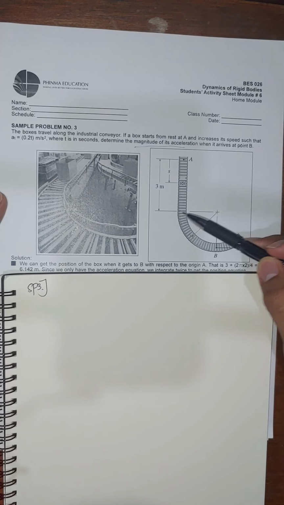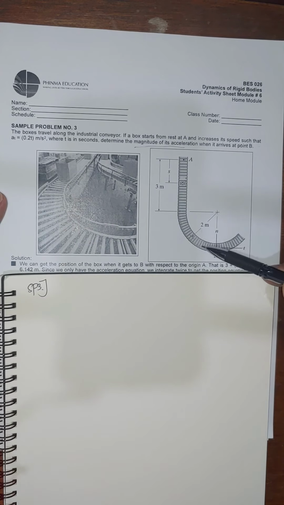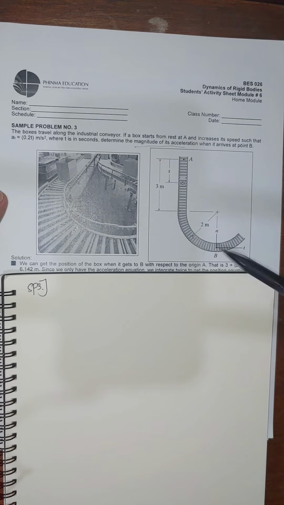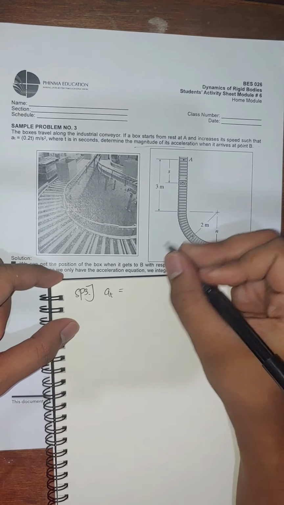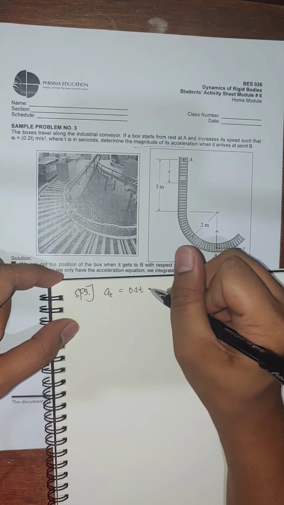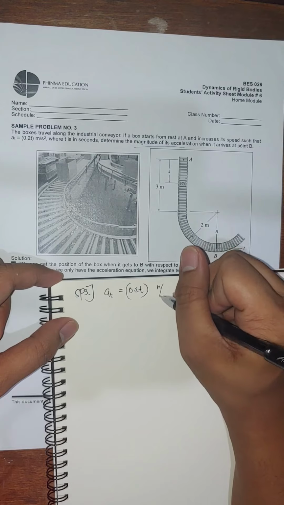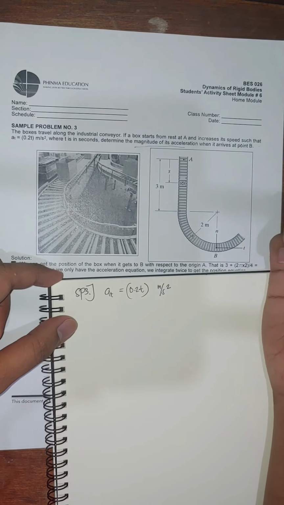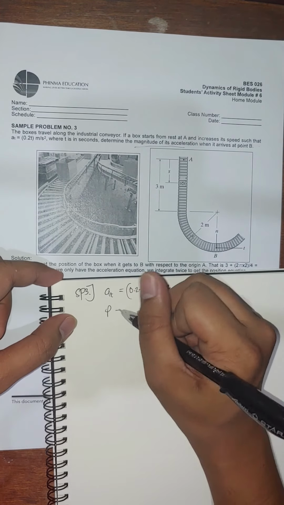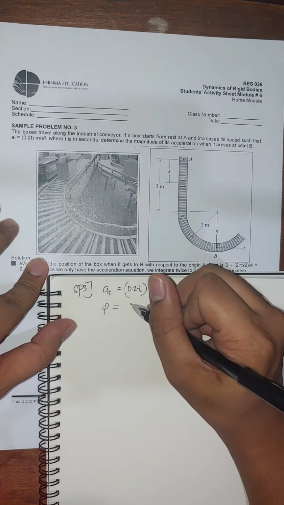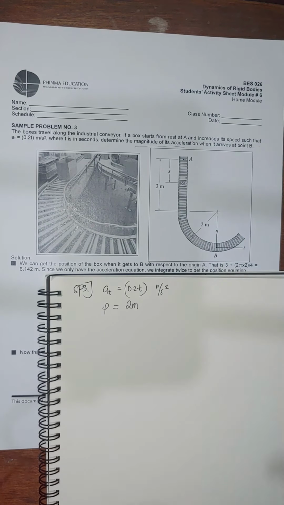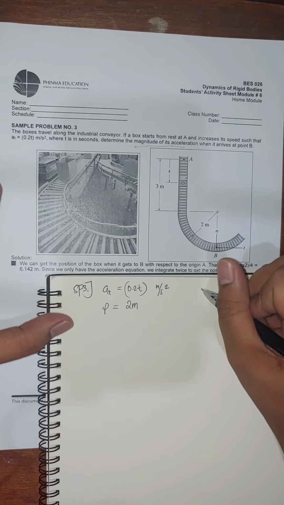This is a straight line, and then the curve arrives here. The tangential acceleration is equal to 0.2t meters per second squared, and the radius, rho or r, whichever you are more comfortable using, is 2 meters. We were asked the magnitude of acceleration.